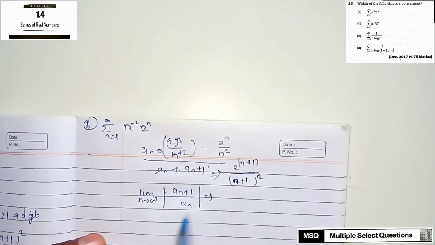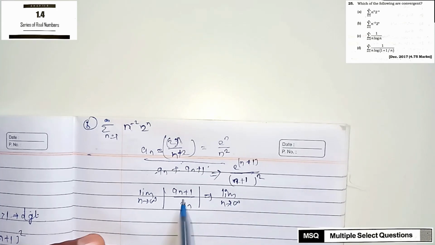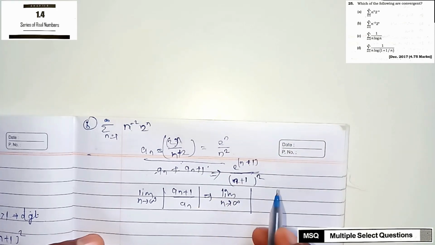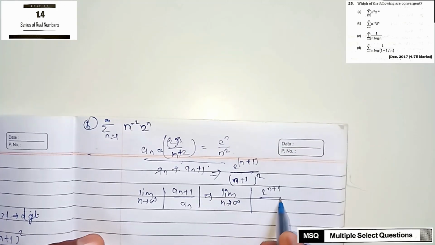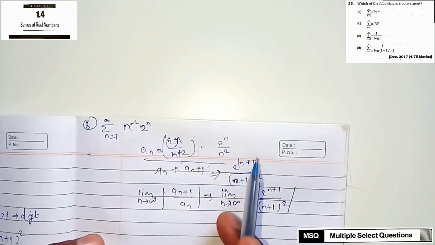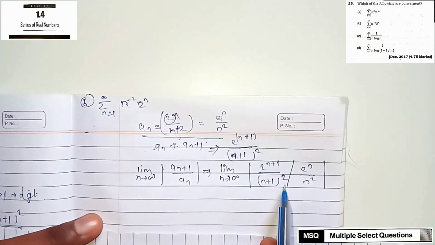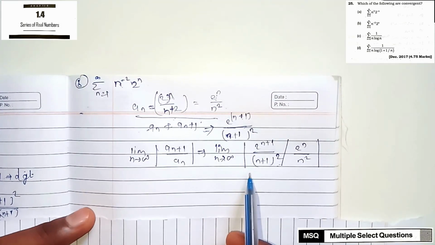So let's find the value here. The limit as n tends to infinity of mod 2 raised to n plus 1 upon (n plus 1) bracket square, completely divided by a_n. a_n comes as 2 raised to n upon n square. Now replace the denominator with the numerator and you will get the multiplicand term here.